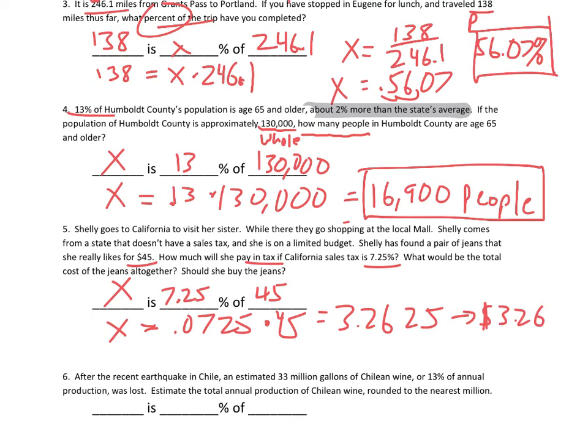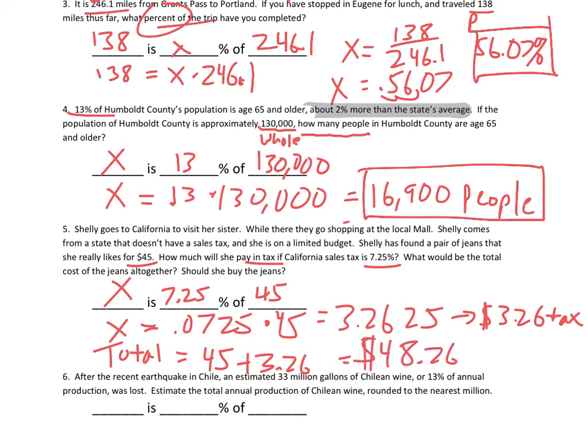Then the question is, what's the total price? Well, the total price, we've got to add 45. The total is 45 plus 3.26. And that's 48.26. Okay?